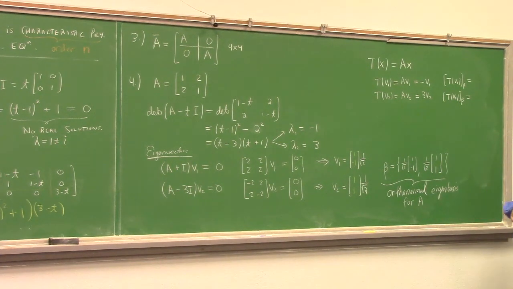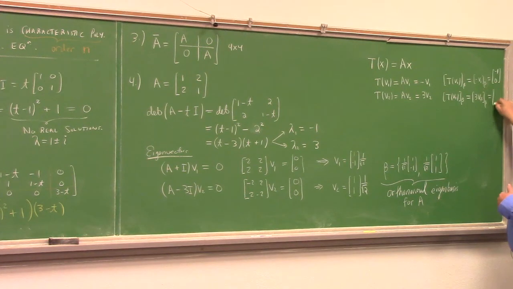What's the coordinate vector of T of V1? Let me rewrite it. What's the coordinate vector of this? Remember, the coordinate map converts the abstract basis to the standard basis, was what we learned. So it was minus E1, which is explicitly minus 1, 0.